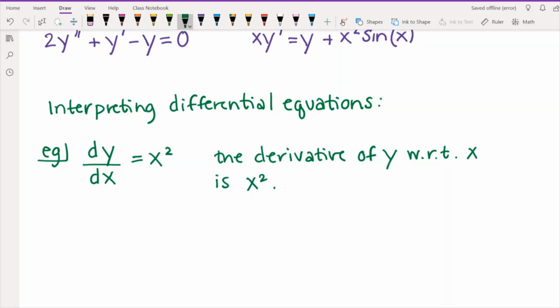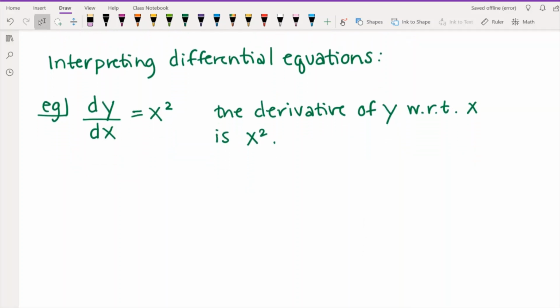Well, that's actually exactly what we've been doing in this class, right? It's taking an antiderivative. So in this case, we could say that the solution would be y is equal to x cubed over 3 plus c, right? Because that is an example of a function y such that the derivative of that function is x squared.